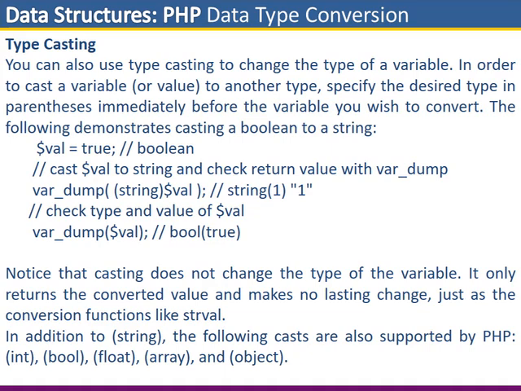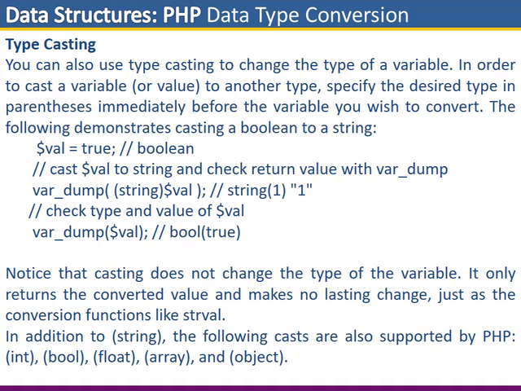From this example code here, the $value, which is a boolean, we have cast $val to string and check the return value with the var_dump function. Inside the brackets, we have the string $val. So we have the string "1".